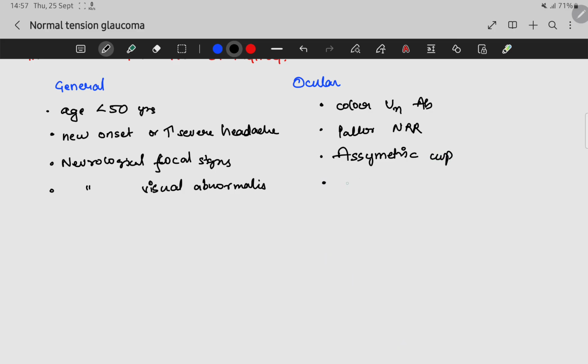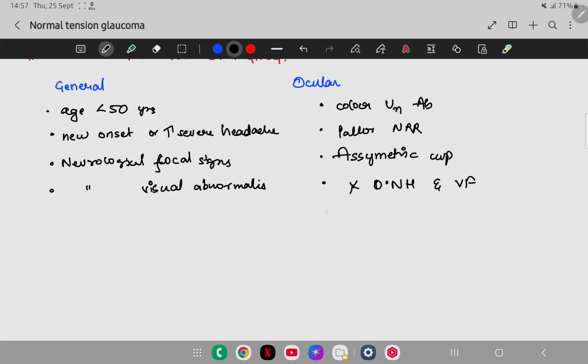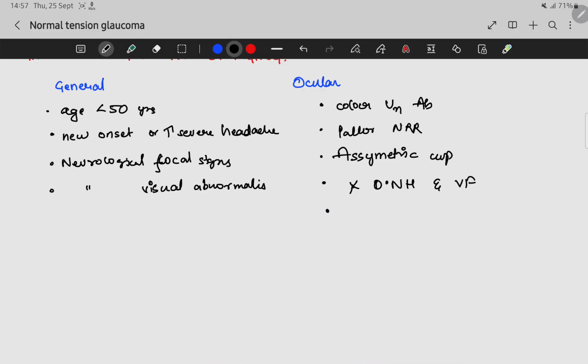So there is no correlation between the optic nerve head and the visual fields, respecting the vertical meridian. So these are characteristics of neurological disorders.